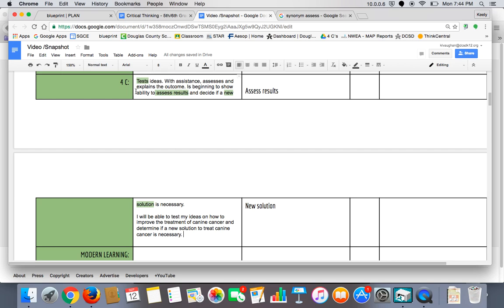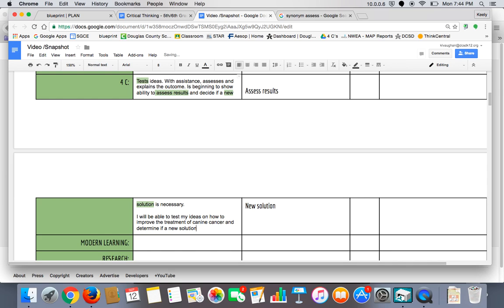You know, as I look back at this 4C goal, when I look at new solution, what they're really talking about is if my own solution is necessary. I'm already going to have determined whether or not a new treatment is necessary because I'm coming up with ideas. I think it's going to be, right? So I will be able to test my ideas on how to improve the treatment of canine cancer and determine if a new solution is necessary.